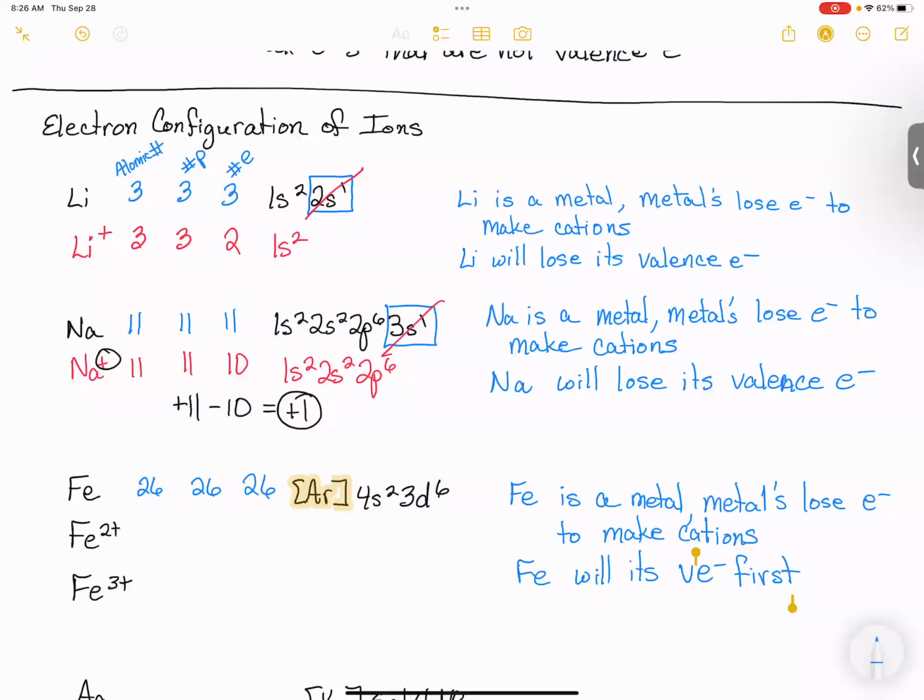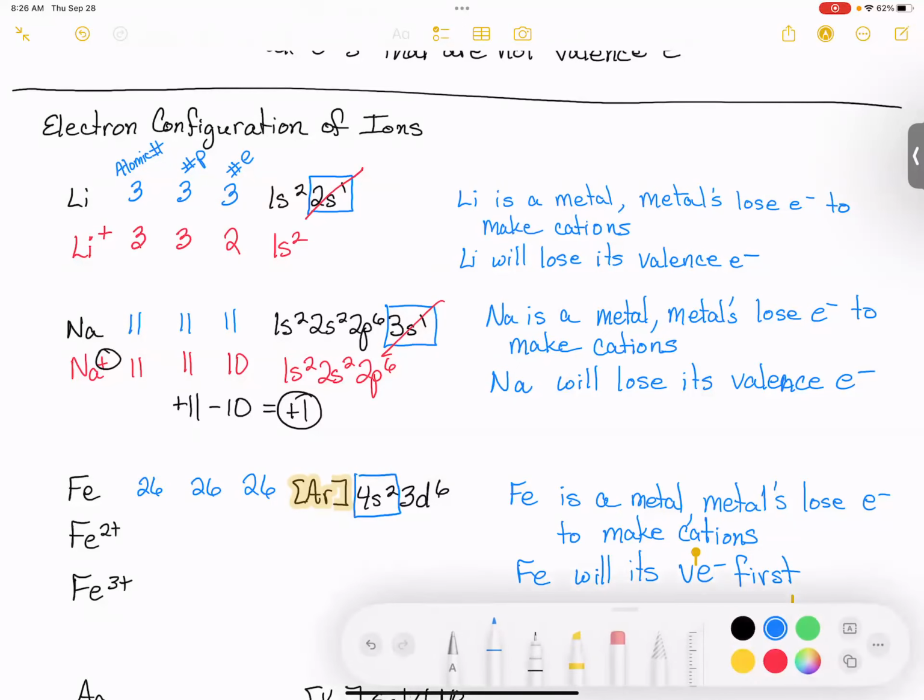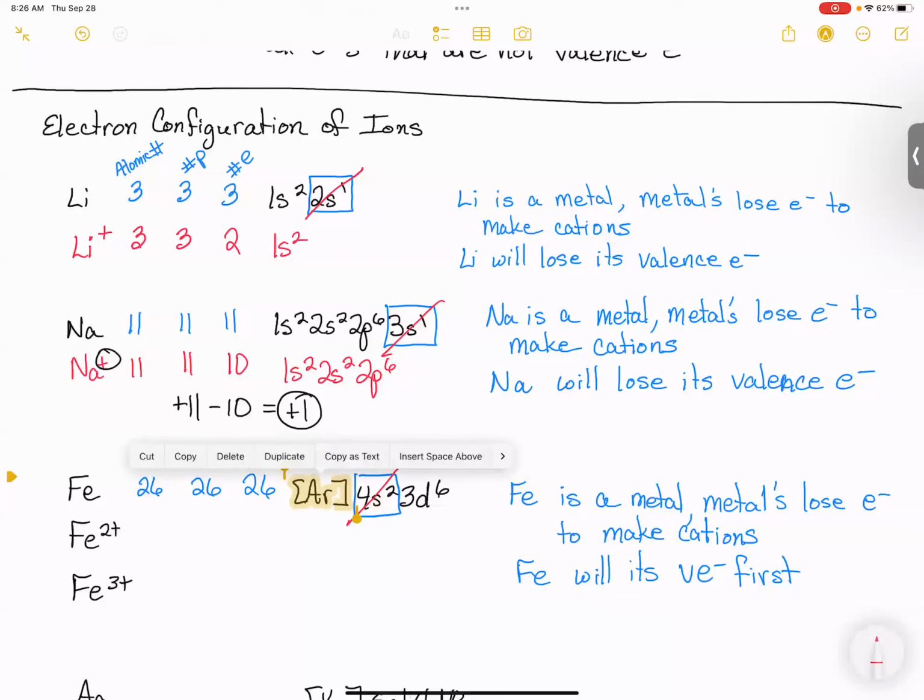Again, iron must lose its valence electrons first. So it's going to lose the 4s2 first. Those are going to go away first to make iron 2 plus, which is still going to have 26 protons, or an atomic number of 26.